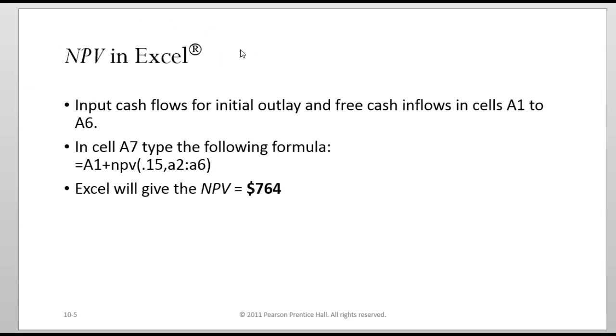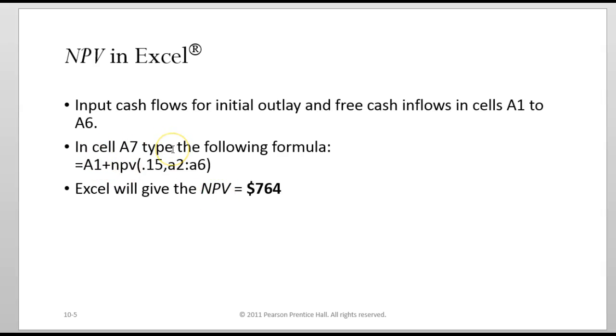And you can do this in Excel, and it's so much easier than doing it by hand. What you would do is take the initial outlay and put in all of the cash flow inflows, okay? Try to say that 10 times.